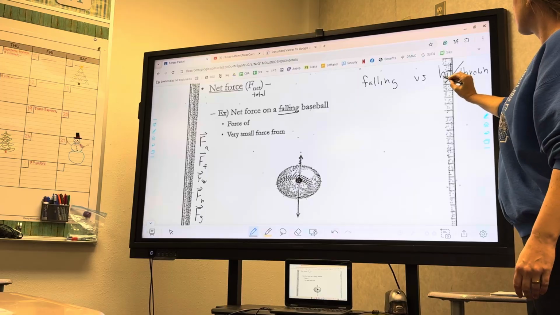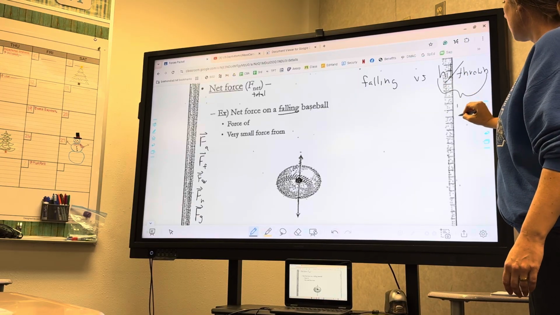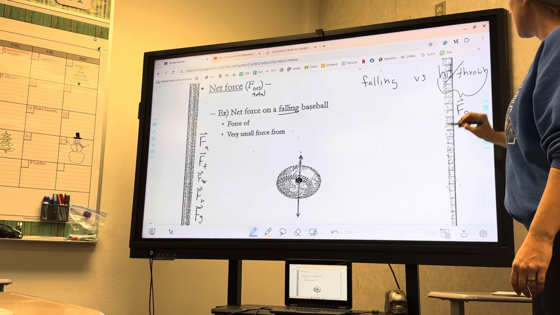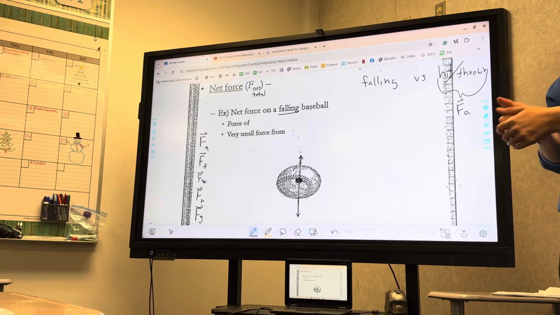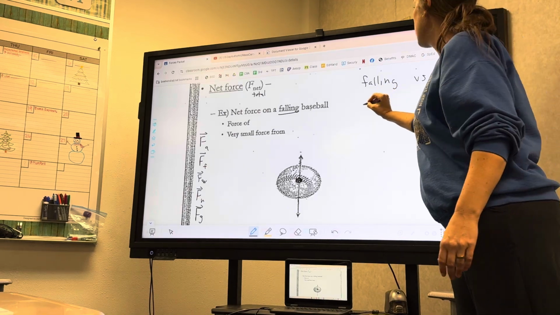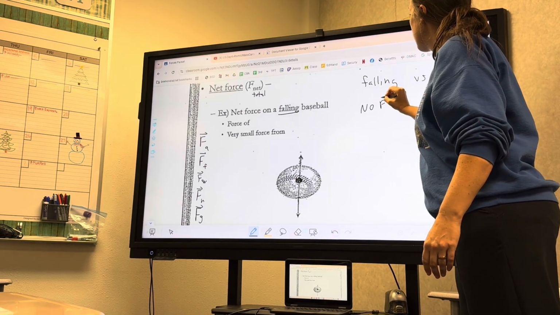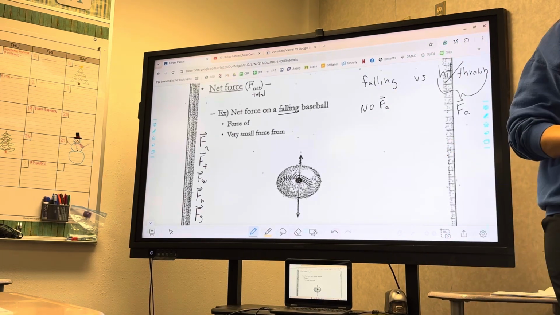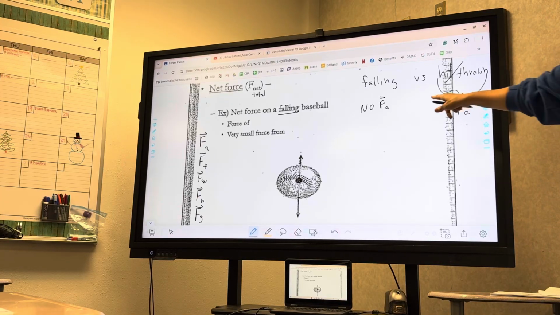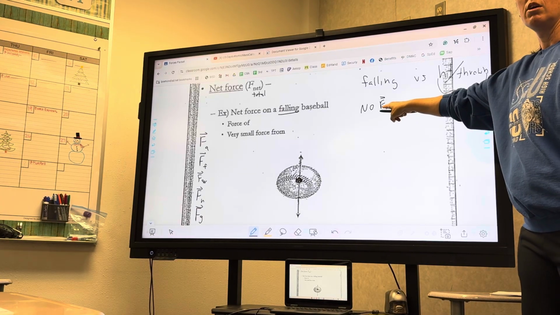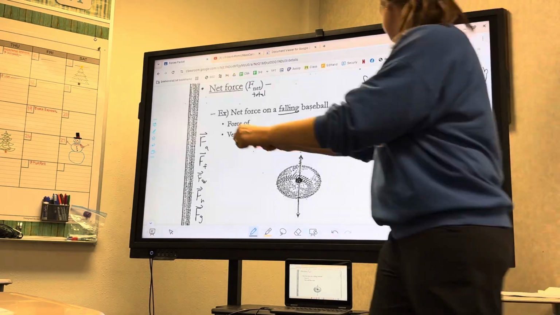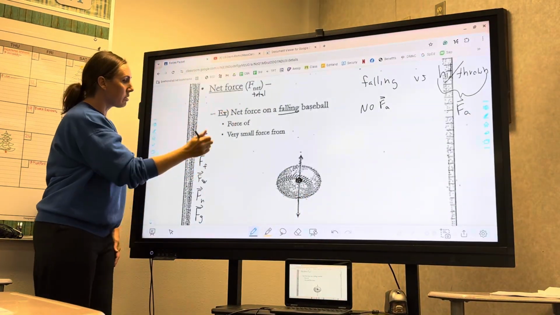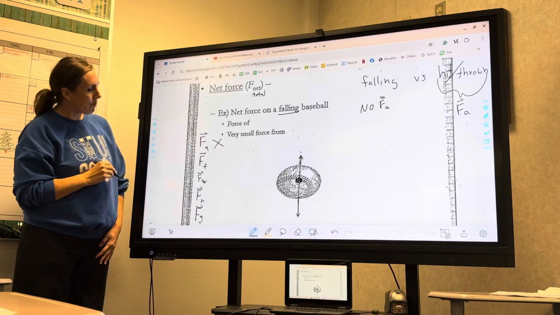Okay, hit or thrown, they imply an applied force. You apply your force to a ball to throw it. You apply a force with the bat to hit it. Falling, there is no force applied. Like gravity. It's the same as no force applied. There's forces, but there is no applied force. Okay, so because it's falling, no applied force.